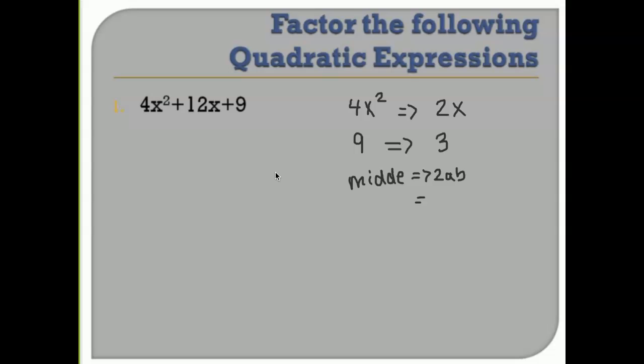In this case, it's 2 times 2x times 3. So 2 times 2 is 4. 4 times 3 is 12. So we determine that it is in fact a perfect square trinomial. That means this factors as 2x plus 3 squared.